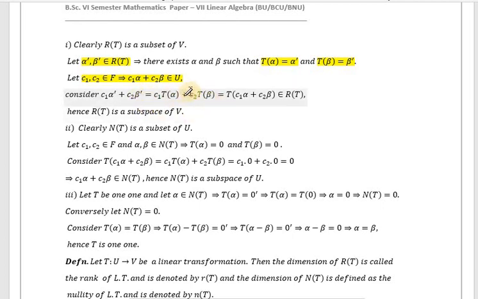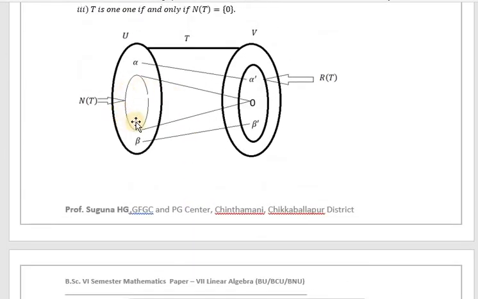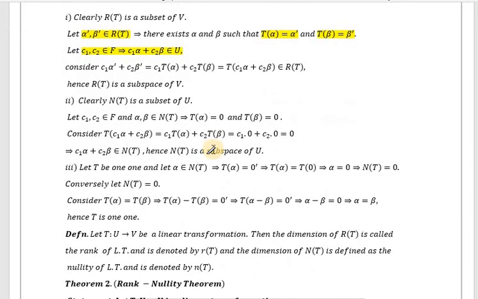Now combining the transformation, T of C1 alpha plus C2 beta belongs to R of T, hence R of T is a subspace of V. R of T means it is the image set. Then clearly from the figure it is understood that N of T is a subset of U. Let us see whether it is a subspace of U or not.